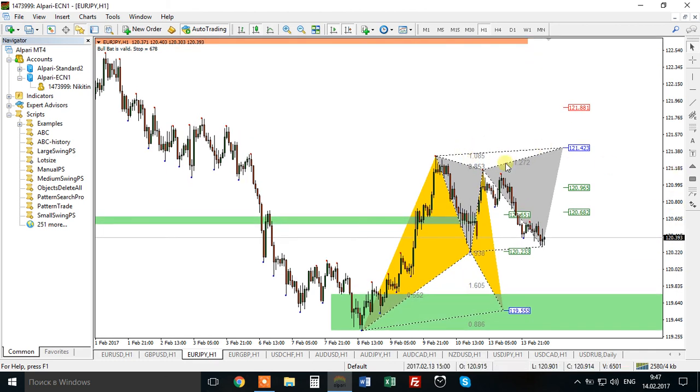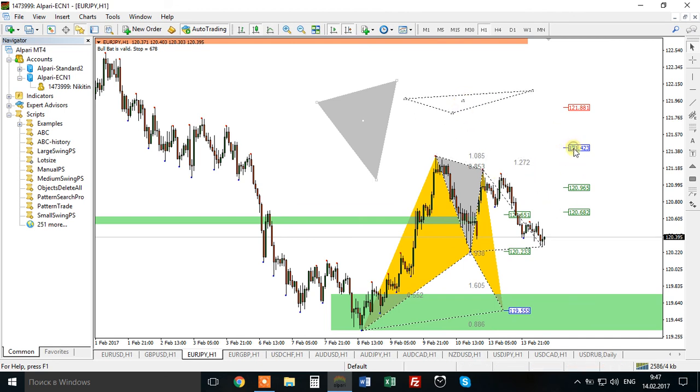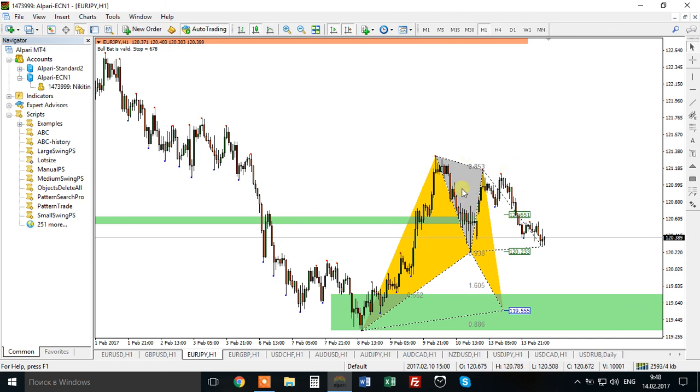Okay, we should ignore this pattern like that, because it terminates in no man's land. Yes, no higher time frame coincidence, something like this. We can delete them all, and we can leave only the bad pattern formation that is valid.